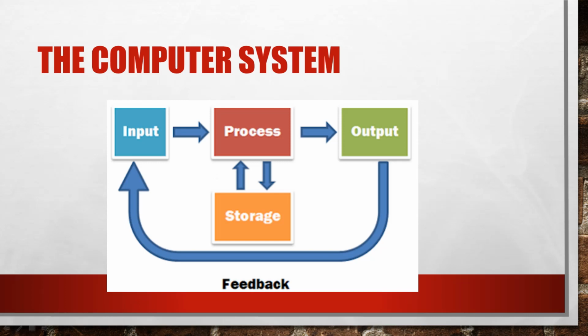And listen, this computer system is how we as humans function as well. Input: somebody says, what is your name? You process that question and say, okay, I need to go to storage because I already know my name. And you output your name: my name is John Doe.